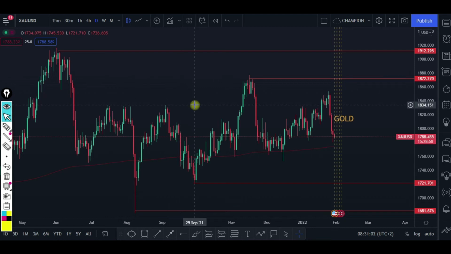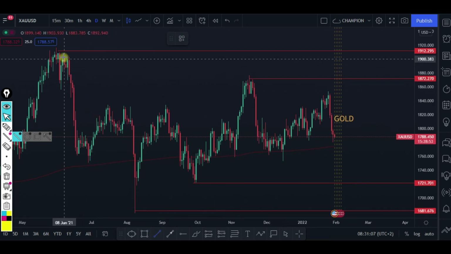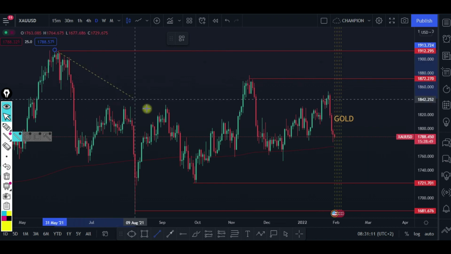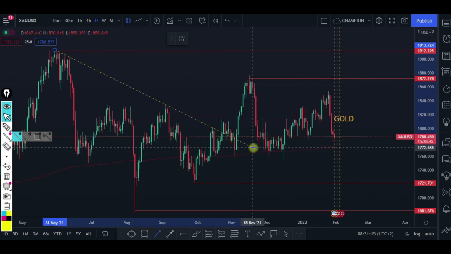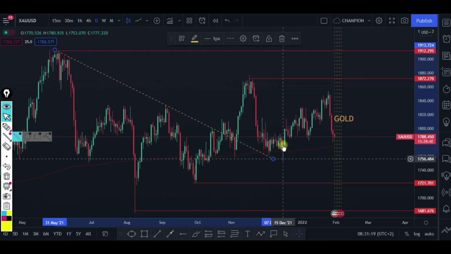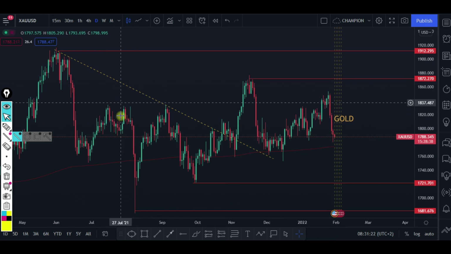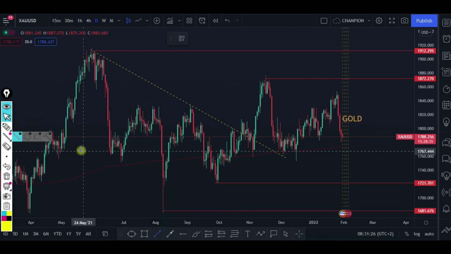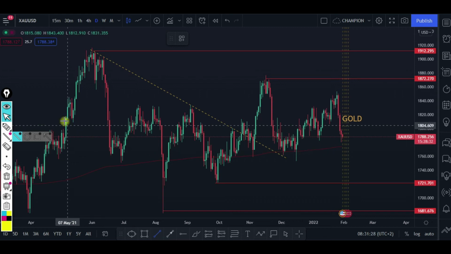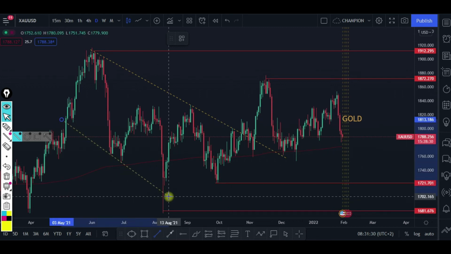It seems like previously the market was on a downtrend on the lower time frame. This is the downtrend. I hope you are able to see what I'm showing you.